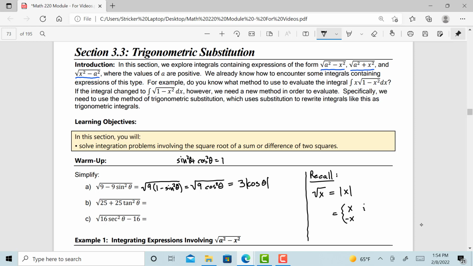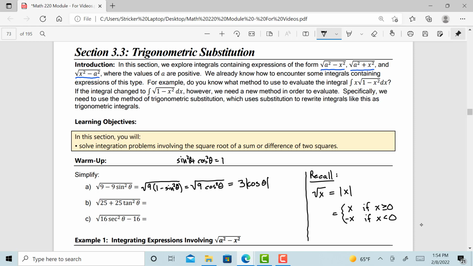It's equal to x if x is greater than or equal to 0, and it's equal to negative x if x is less than 0. So it really depends on whether or not what we have inside there is positive or negative. We'll cross that bridge when we need it, and probably the first example we'll need to talk about that, but just keep that in the back of your mind.